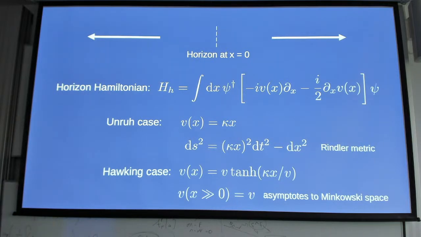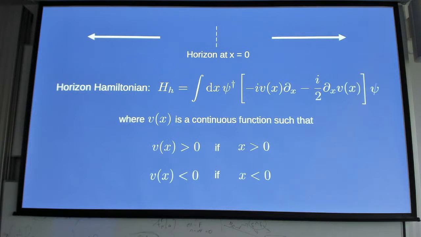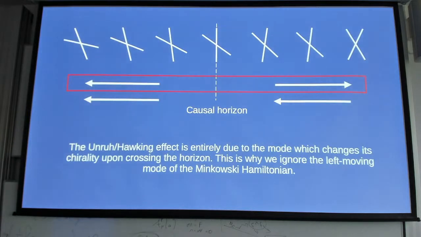Can you go back to the previous slide? This one? Oh, yeah. So you said you were throwing out one kinetic term, but here you're showing both. Well, yeah, this is right. But again, I'm keeping only the one in the red box. I'm changing the velocity of that one mode in half the space and the other half, so it's a right mover on the right, but it's a left mover on the left.